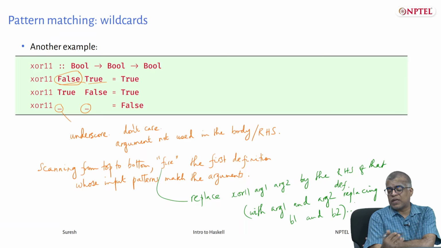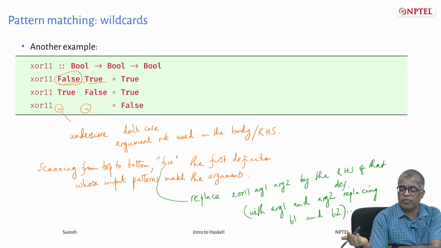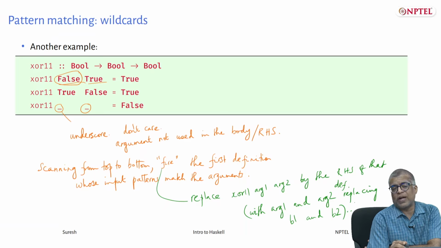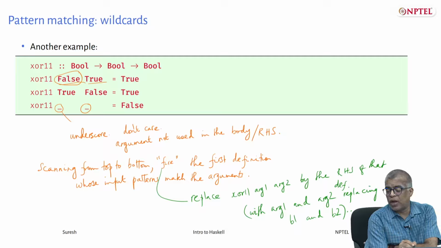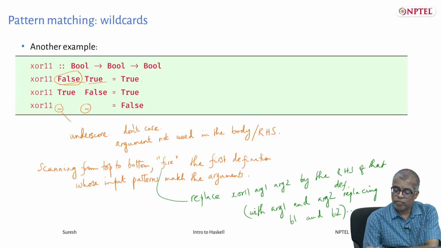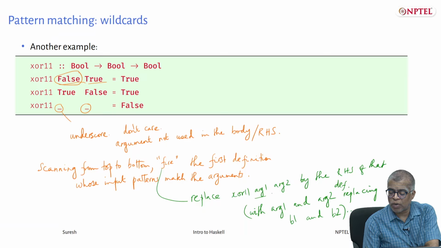Maybe your right hand side does not even mention b1 and b2, in which case there is no replacement. But if the variables occur on the right hand side, then you will replace them with the actual arguments in the invocation, namely arg1 and arg2, instead of b1 and b2.